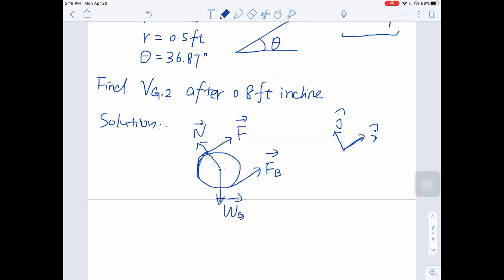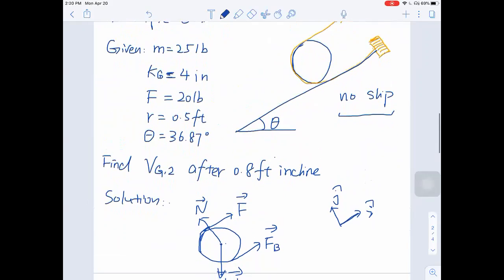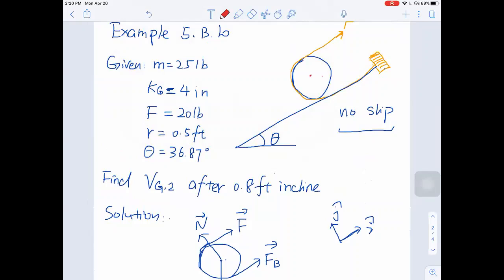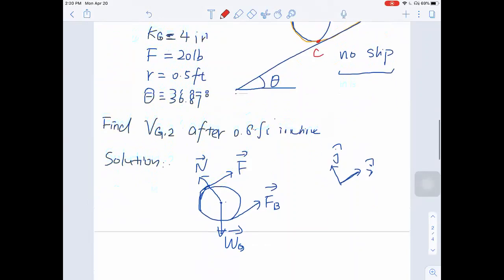We mentioned we can pick two different points to calculate kinetic energy so that we can simplify the equation. Do you remember which two points we talked about last week? Let me label them on the diagram. The center of mass is going to be point G. The no slip contact point is going to be point C.